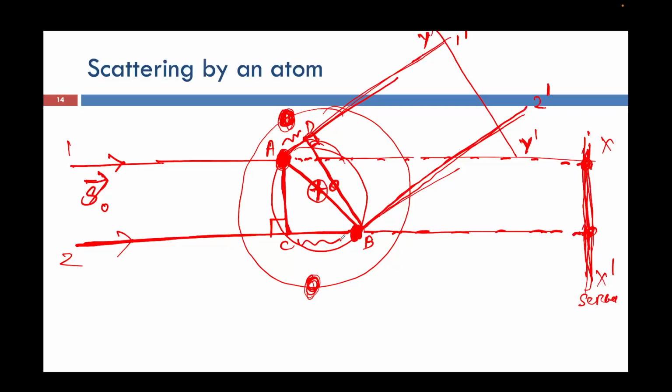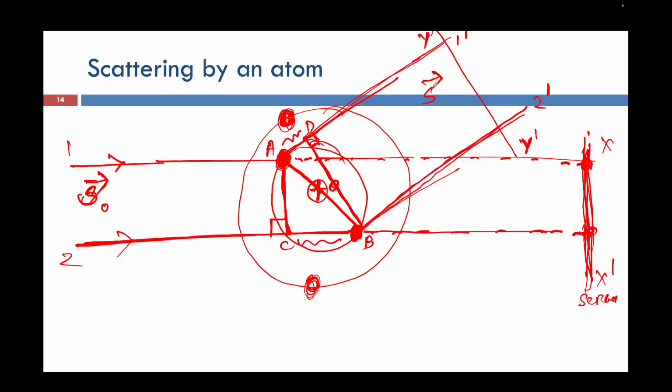So if I am able to calculate, let's say this is S naught, the incident beam, and my scattered beam is considered in the form of S here, right? So how will I be able to calculate the path difference here?